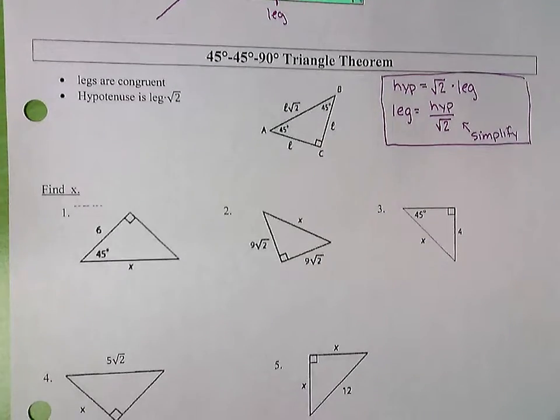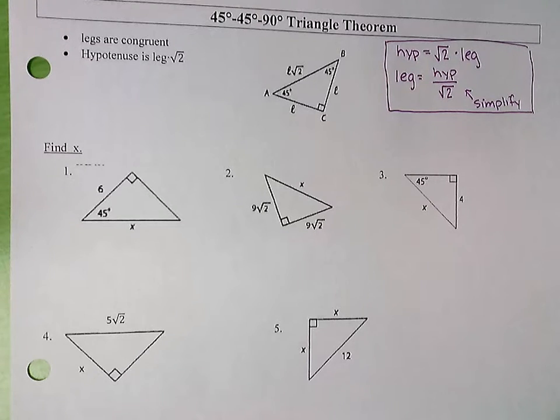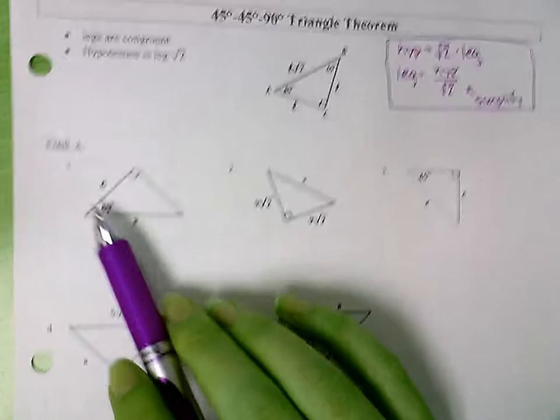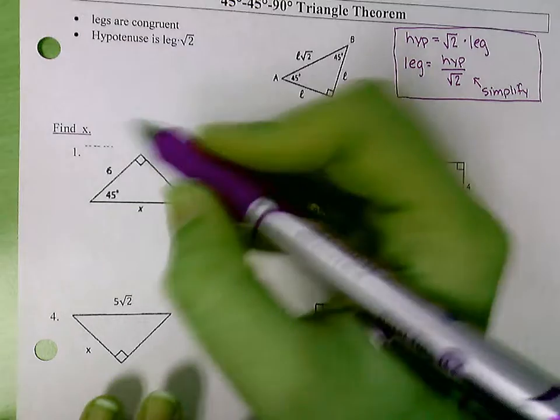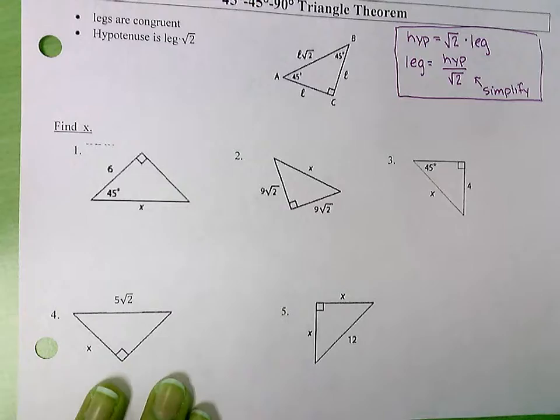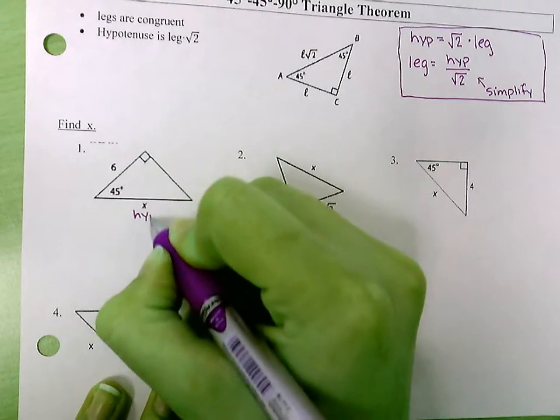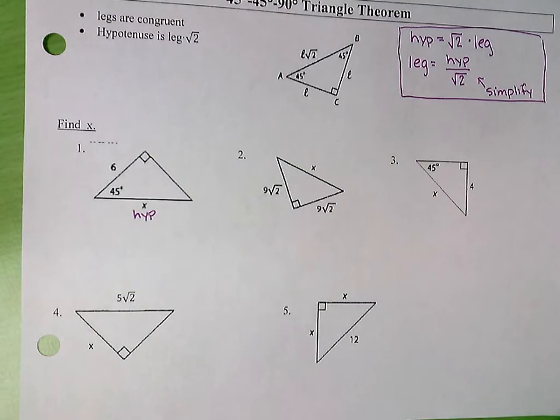So looking at some practice problems. We want to find the value of x in number 1 here. So first thing I want to do is label my triangle. Opposite that 90-degree angle is the hypotenuse. And the other two sides are your legs.